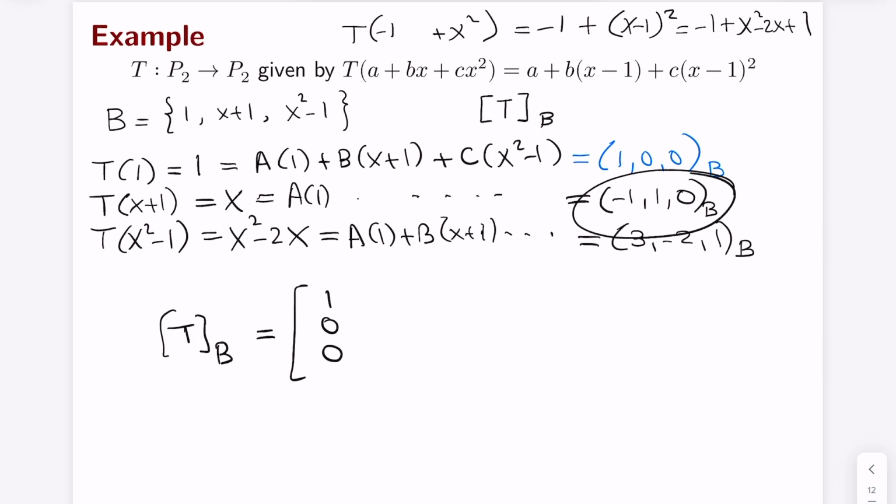The second one, which is minus 1, 1, 0. And the third one, which is 3, minus 2, 1. So this is the matrix of the system in the base B.